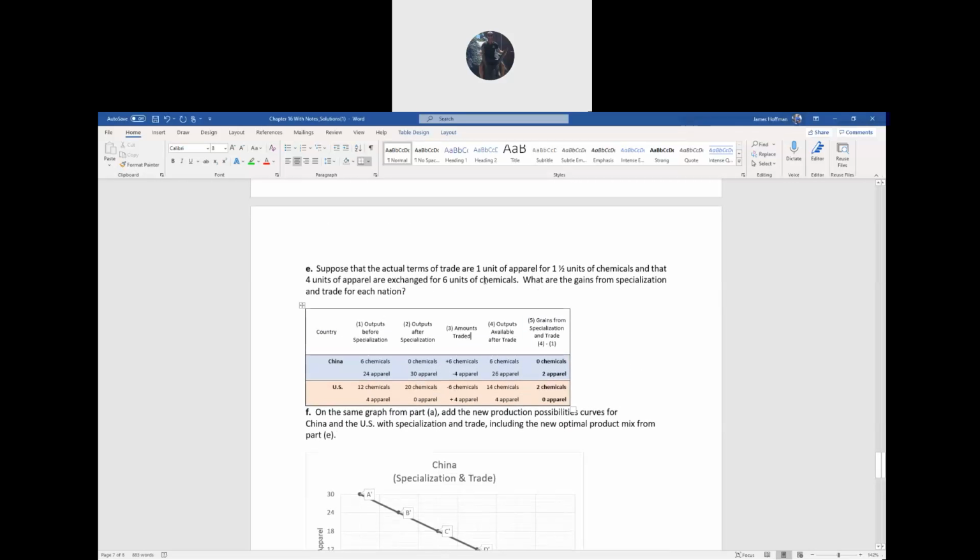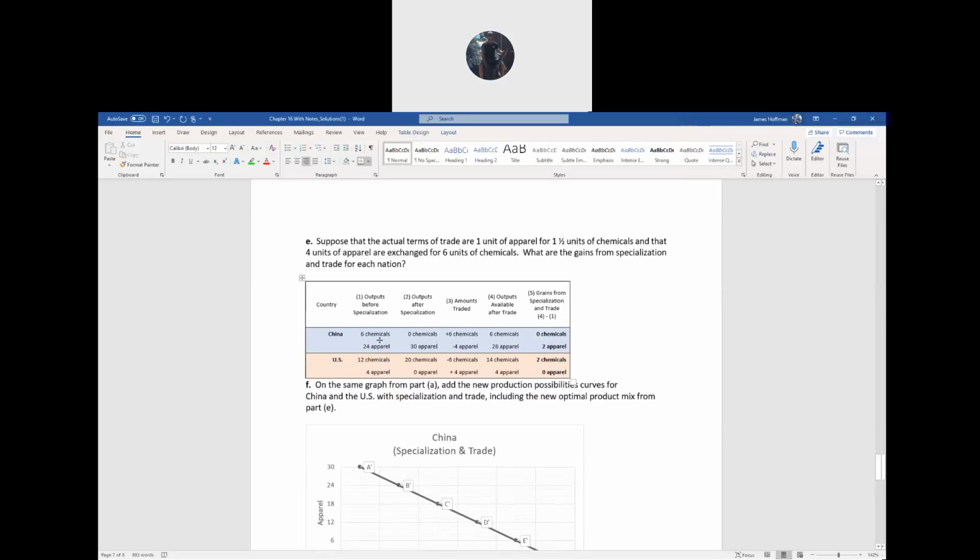It tells you what we trade. Whoever has the apparel gives up 4 apparel for 6 chemicals. Here are the outputs after specialization. China has 30 apparel and 0 chemicals, so they need to get chemicals. They're going to exchange 4 apparel for 6 chemicals, so minus 4 apparel, plus 6 chemicals.